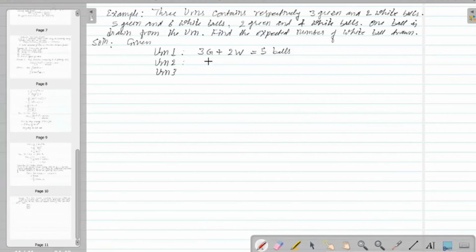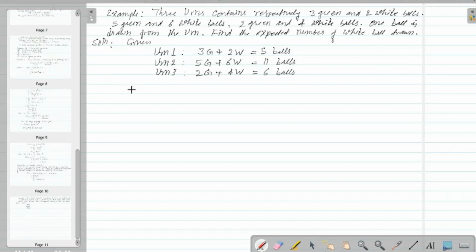And what does Urn 2 have? 5 green plus 6 white balls. Total 11 balls are there. Okay, and Urn 3 has 2 green plus 4 white, total 6 balls. So what is the expectation number?